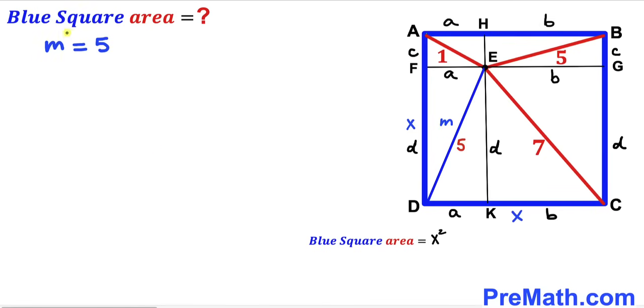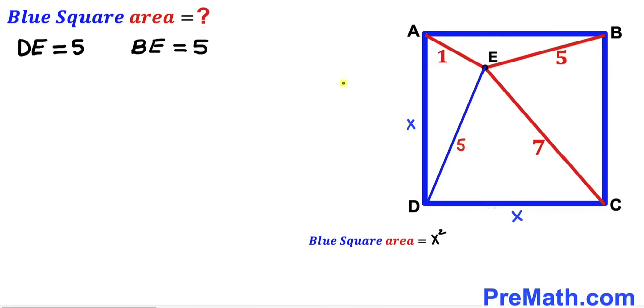And since our lowercase m value is equal to 5, and this m represents this segment length DE, therefore this segment DE length turns out to be 5 units. And furthermore we could see that this BE segment length is 5 units as well.